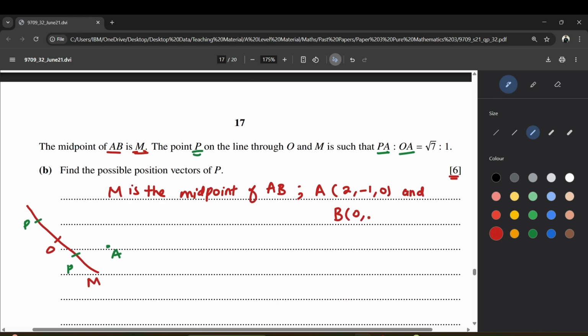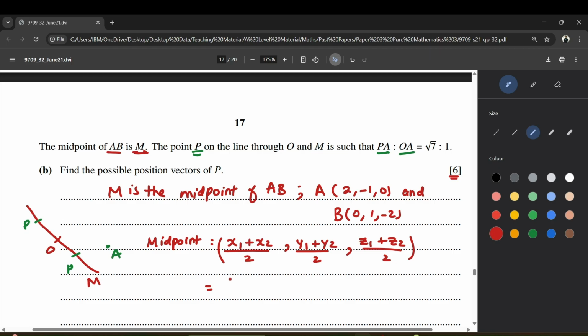Now we know from coordinate geometry that the formula for calculating a midpoint is x1 plus x2 divided by 2, comma y1 plus y2 divided by 2. Because there are three axes, this will also have z1 plus z2 upon 2.